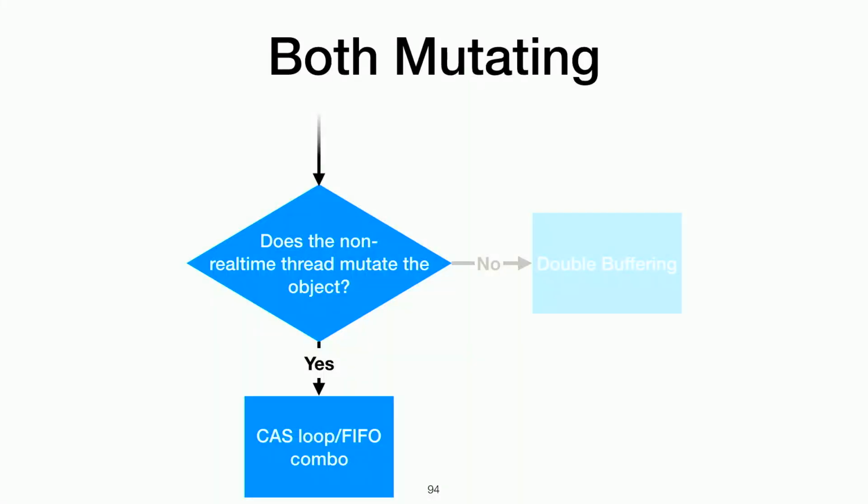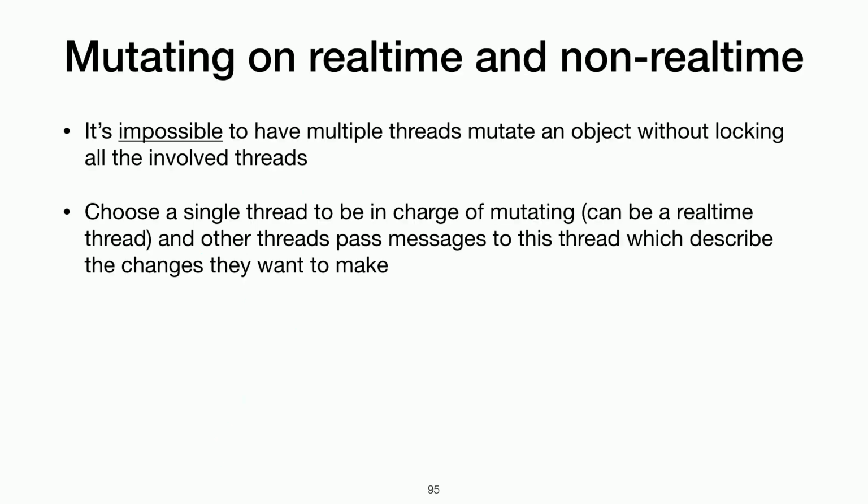Okay, so that's FIFOs out of the way, so we're going to jump all the way back to the bottom of our big graph and say now you have multiple real-time and non-real-time threads trying to change data all at once. And just to make it clear, I don't think it's possible. I've talked to many other people. They say maybe it's possible, but it's going to be very, very tricky.